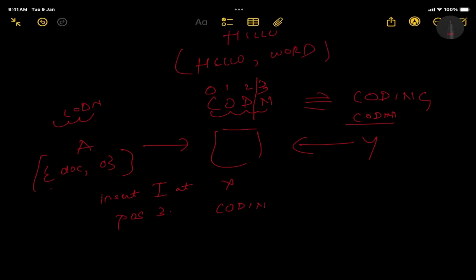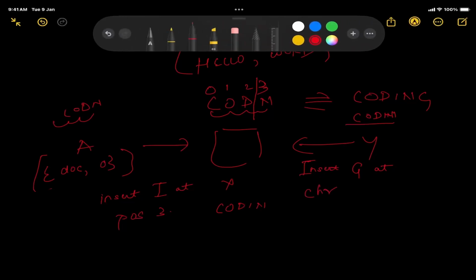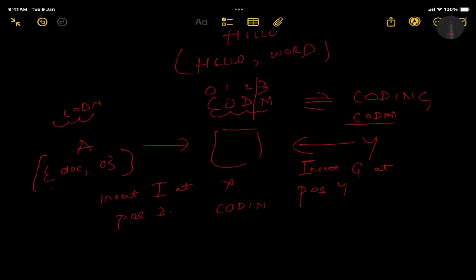So user Y sends insert character G at position 4 with doc ID and version, currently at 0 as its local version. Y stores its local version at 0 only.